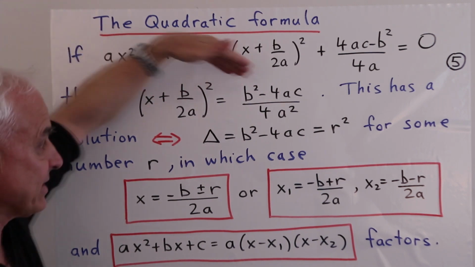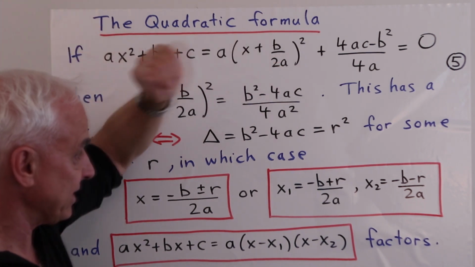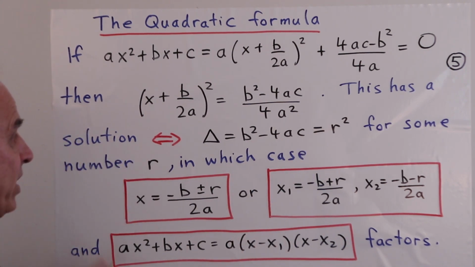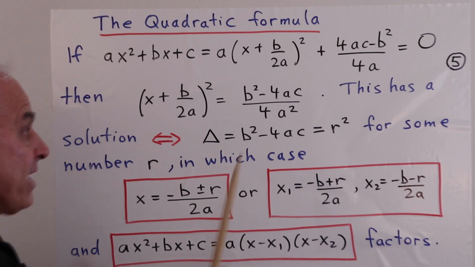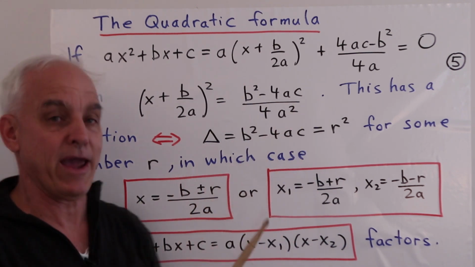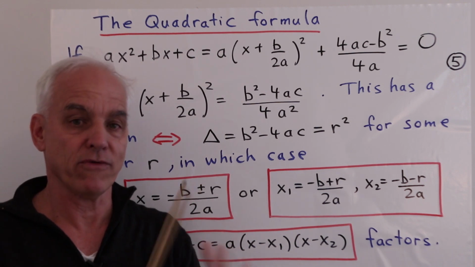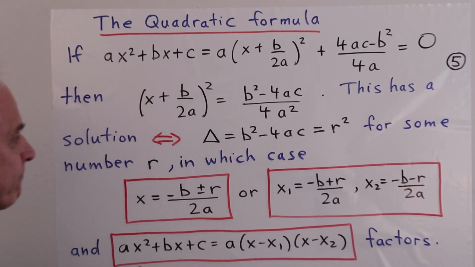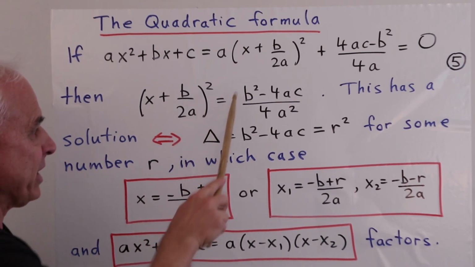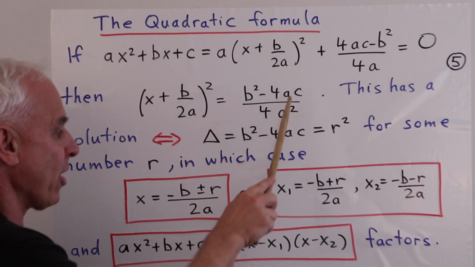And if that is the case, so if b squared minus 4ac is equal to r squared, then we can solve things because then this thing here is going to be the square of r over 2a. It's going to be r over 2a squared. And so x plus b over 2a is going to be either plus or minus r over 2a.